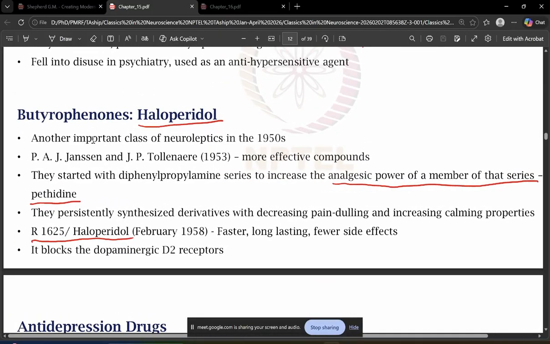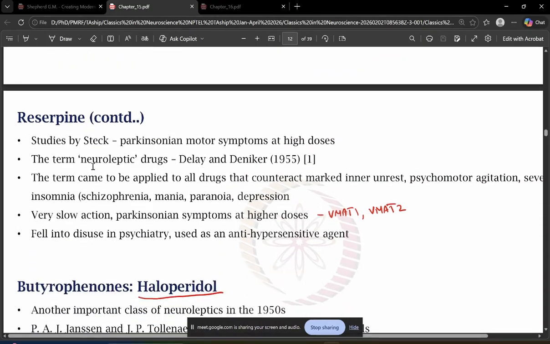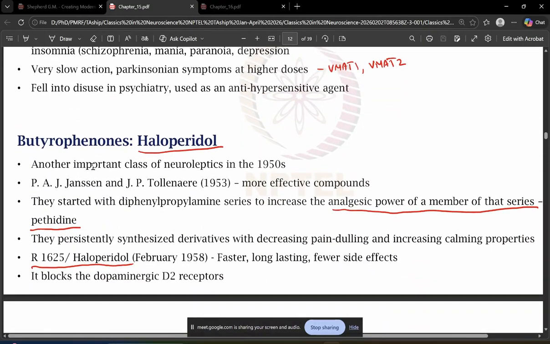So one more class of neuroleptics that was discovered in the 1950s, in addition to the others that were discussed in the lecture videos, is the butyrophenone, which is also called haloperidol.